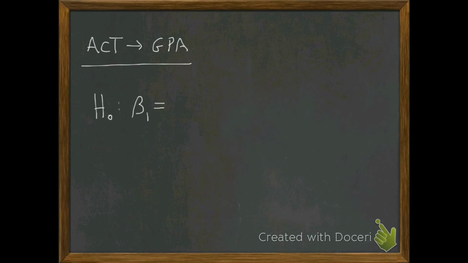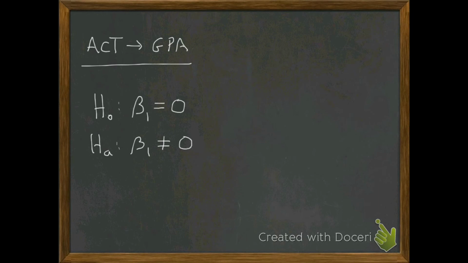So let's go back to using ACT as a predictor of GPA. All right, so we've collected 5 observations, and we want to generalize now. So we're going to test beta 1 equal to 0 against beta 1 not equal to 0.